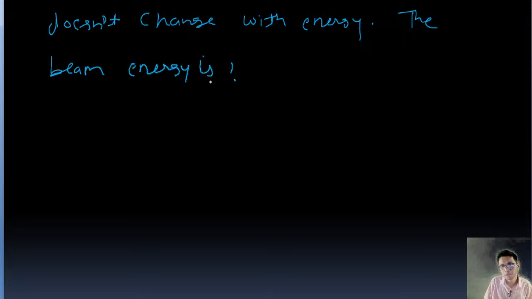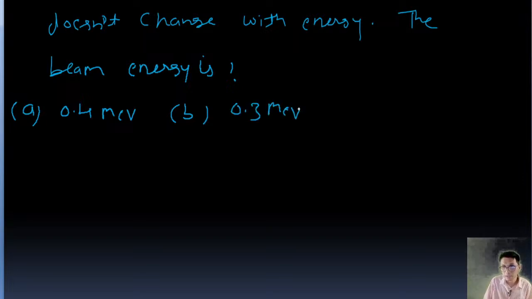Okay, options are option A 0.4 MeV, option B is 0.3 MeV, option C is 0.2 MeV, and option D is 0.15 MeV.